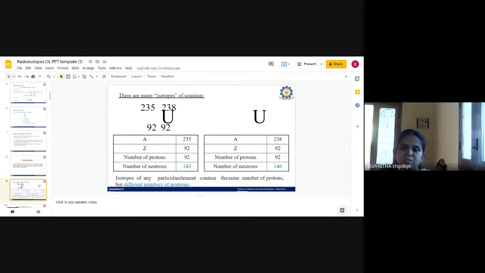From this, we can calculate the number of neutrons. The number of neutrons varies between uranium 235, 92 and uranium 238, 92. For that reason only, they are called isotopes of a particular element.